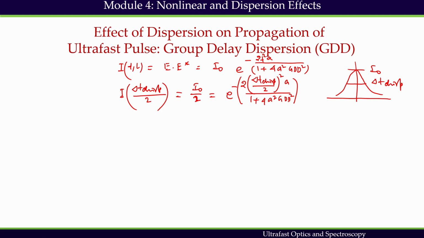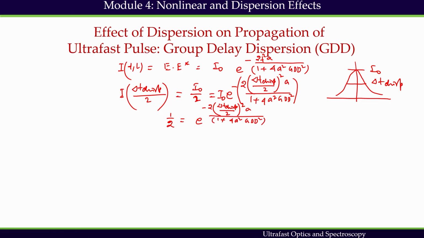We have been giving this definition for a long time, and what we can write down is that, since this is I naught, it's nothing but half equals e to the power minus 2 (delta t sharp divided by 2) whole square, a divided by 1 plus 4 a square GDD square.